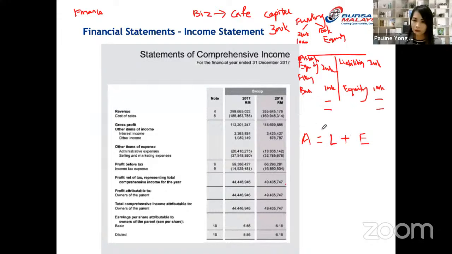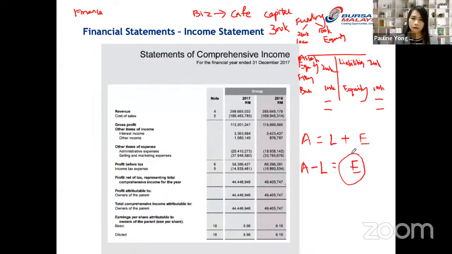We said that the net tangible asset, or the book value, is equal to assets minus all your liabilities. So when you look at the balance sheet, assets minus liability is in fact equal to equity. So if you want to know the book value, the net tangible asset, of a public listed company, you go direct to look at the equity part of it.